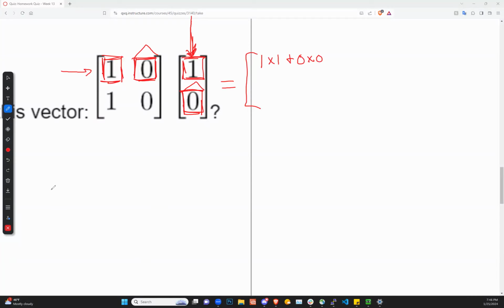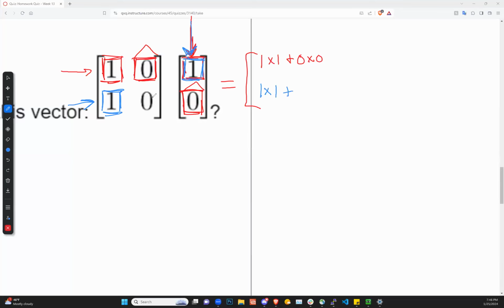For the bottom component, I could do the exact same thing. I'm going to switch the color to blue, but now I will go down this row and this column here. And I do the exact same thing. I take this number here, which is the first number I bump into when I follow this arrow, times this number here. So I get 1 times 1.